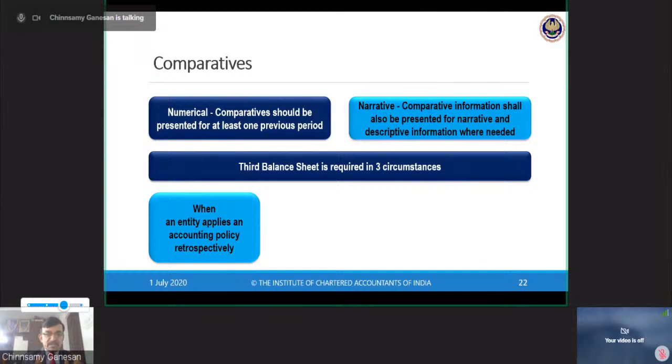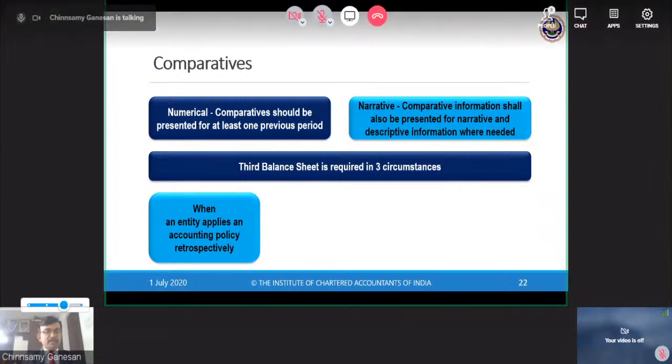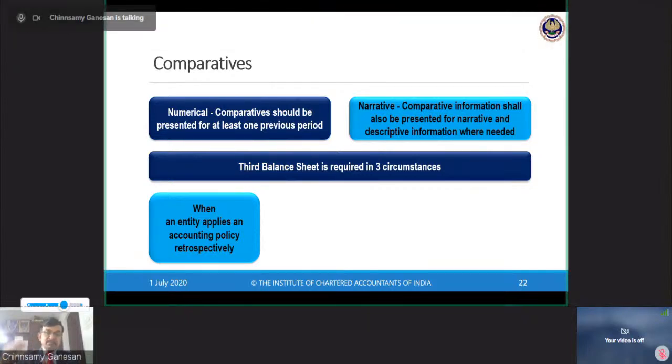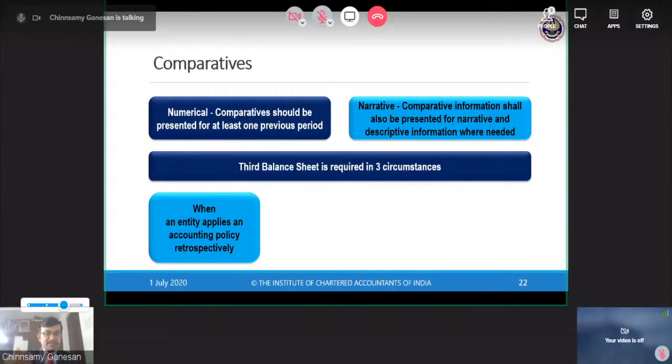But what is the current year impact alone should be coming to my P&L account when I am doing a retrospective application. What is relating to the previous year comparative period will come to the line item of the profit and loss account and the balance sheet line item. Consequent item will be on the balance sheet. And the balance 3 years impact, 2015 to 2018, cannot be adjusted in any of the line items, right?